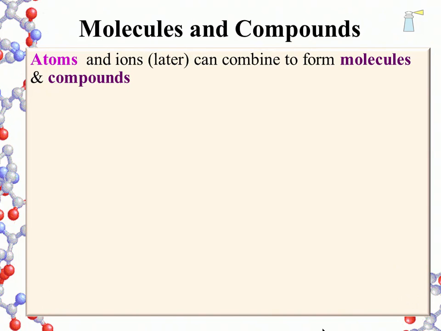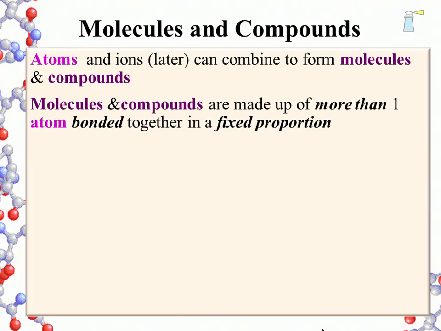Atoms and ions, discussed later, can be combined to form molecules and compounds. Combining and rearranging atoms into molecules and compounds is a major focus in the study of chemistry. Molecules and compounds are made up of more than one atom bonded together in a fixed proportion.